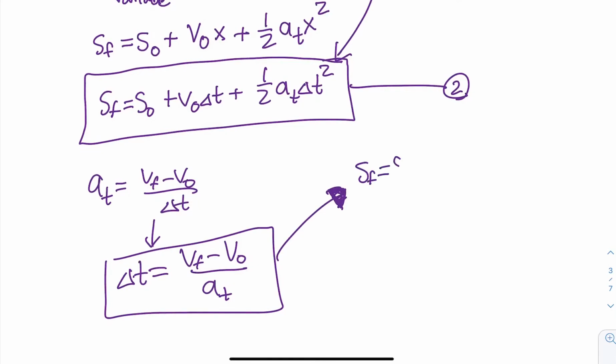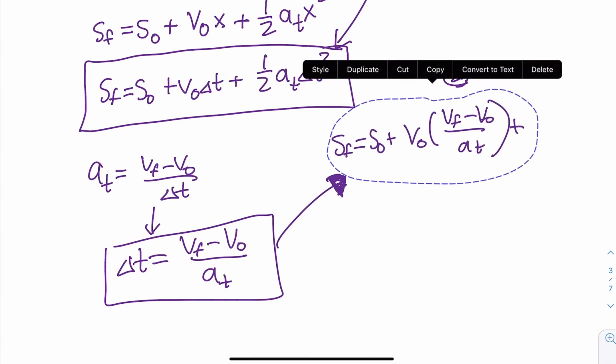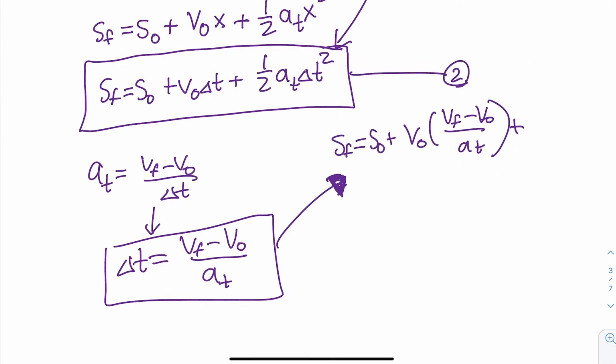We can say Sf equals S aught plus V aught times Vf minus V aught over a_t, plus 1/2 a_t times Vf minus V aught over a_t, squared.